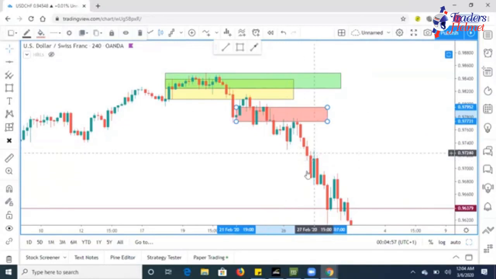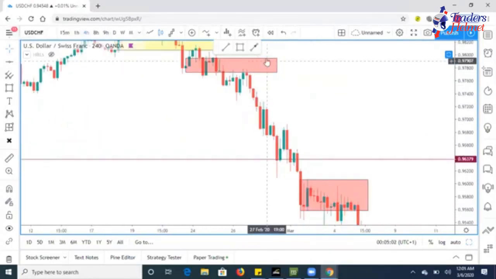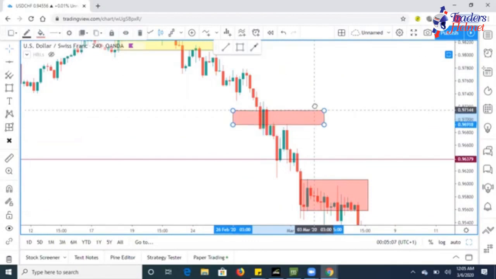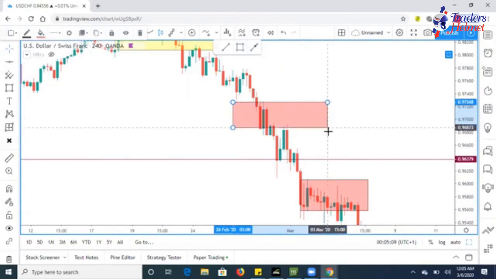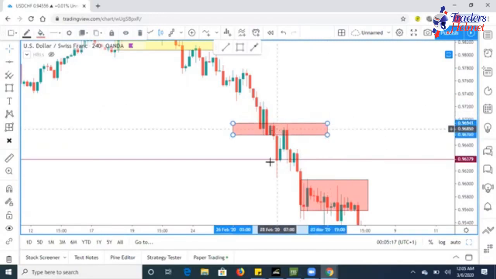The last bullish candle, price traded into it, dropped. Last bullish candle here, responsible for this low. Price trades back into it.